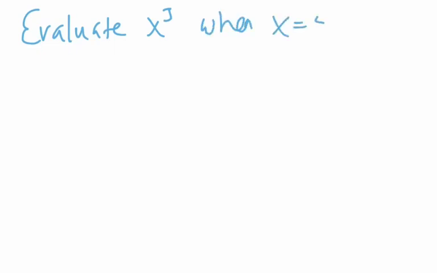So let's use some of our skills from the last couple sections. Suppose you saw a problem like this: evaluate x to the 3rd when x is equal to 5. We want to review that vocabulary. One of the things about math is that you can't just do one lesson and then forget about everything in that lesson.